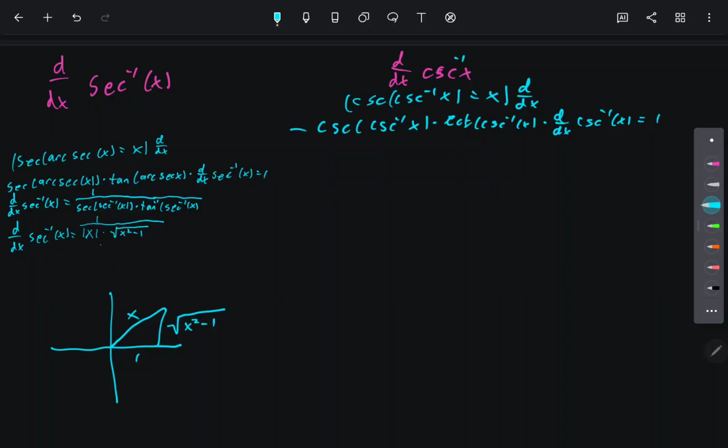Okay, now what? Well, this over here, cosecant of cosecant inverse of x, is just x, so we have the negative absolute value of x.